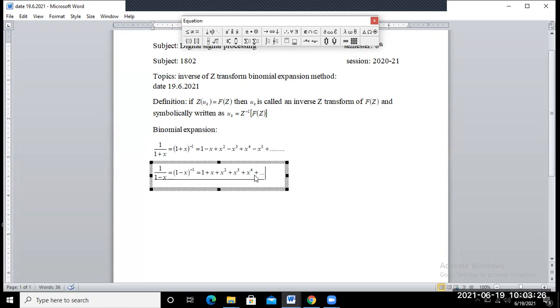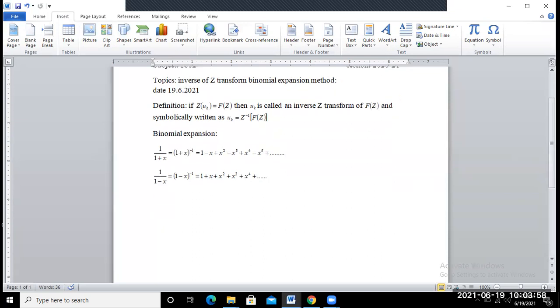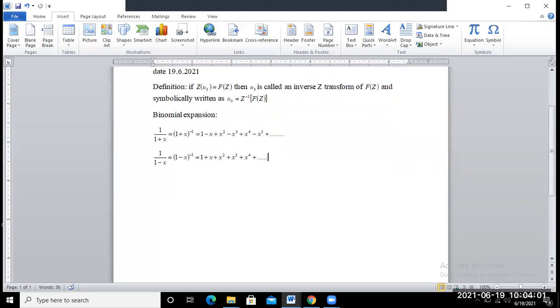Based on these two forms, (1 plus x) to the power minus 1 and (1 minus x) to the power minus 1, we convert F(z), that is the question given in z form, into this form, and then compare the coefficients with the standard Z transform equation.